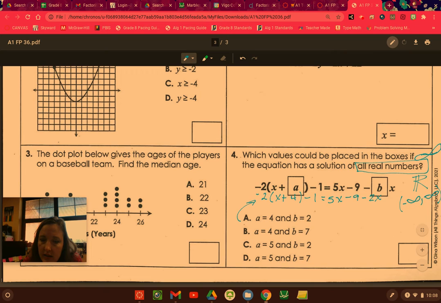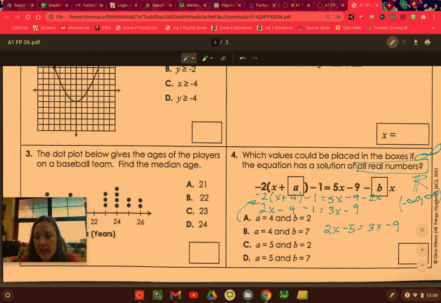Then distributing, negative 2x minus 4 minus 1 equals 5x minus 2x, 3x minus 9. And then 2x, and then negative 4, negative 1, so that's 2x minus 5 is equal to 3x minus 9.